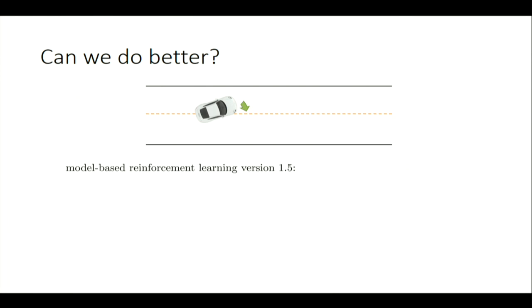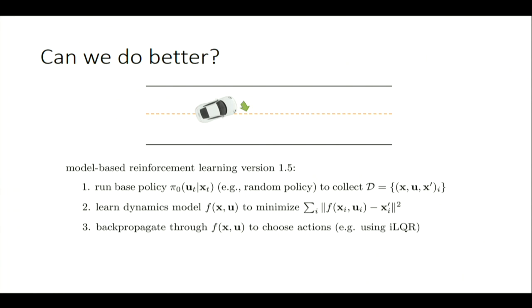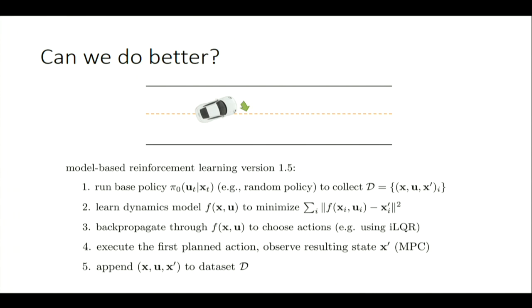So we can do better with model-based reinforcement learning version 1.5. Actually, pretty much the way you might expect. This is similar to something we saw last Wednesday, which is to use replanning or model predictive control. So we're going to run our base policy just like before, collect our initial data set, fit our initial dynamics, backpropagate through f of x, u to choose a sequence of actions, and then we'll just execute the first planned action, observe the resulting state x prime, append it to the data set, and then replan.